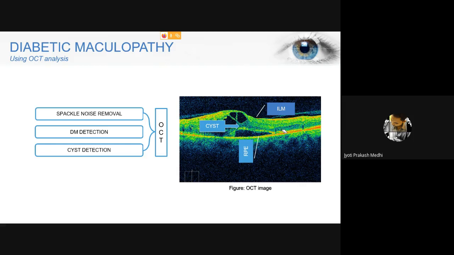So, these fluids later, in the later stage, are observed as various cysts. So these cysts are formed due to the accumulation of blood. Now, identification of this cyst is the third stage of identifying diabetic maculopathy using OCT analysis. So these are the three methods that we use for analysis of retinopathy.